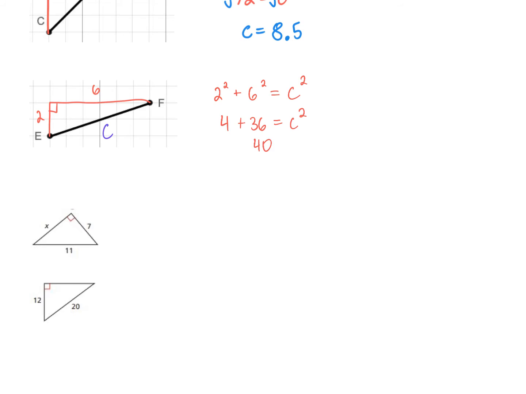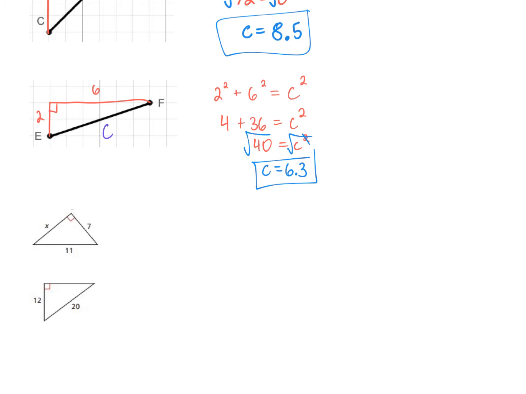So I get 40 equals c squared. Since I want regular c, not c squared, I will take the square root of each side, and I get that c equals approximately 6.3. All right, so there are the answers for the first 3.